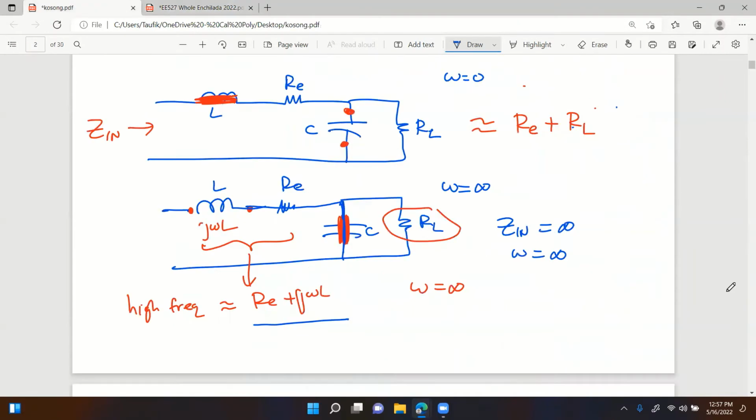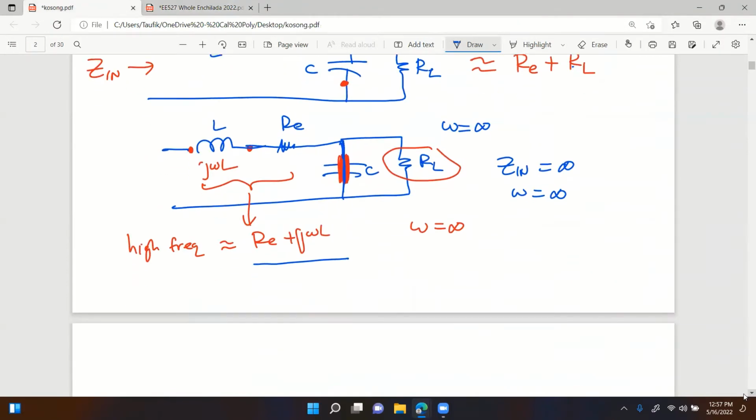Let me go to this blank page. Oops, let me draw it this way. Let's say this is our power supply, right?